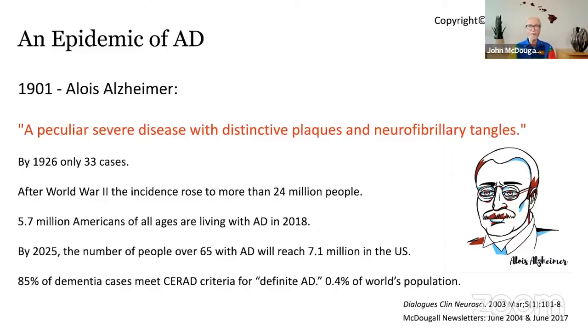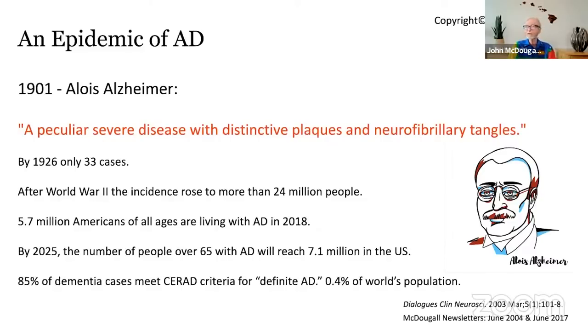And what they found is a particularly severe kind of lesion. They're called plaques and neurofibrillary tangles. And the amyloid is part of the neurofibrillary tangles. It's also referred to as tau protein. So anyway, the first case was described in 1901 in a woman who had rapidly progressive dementia.